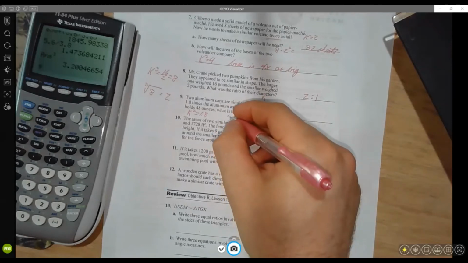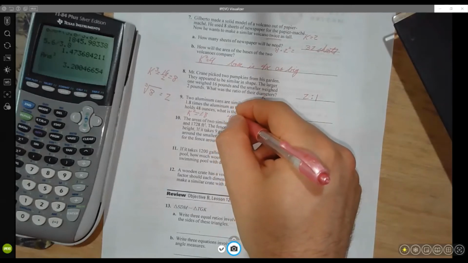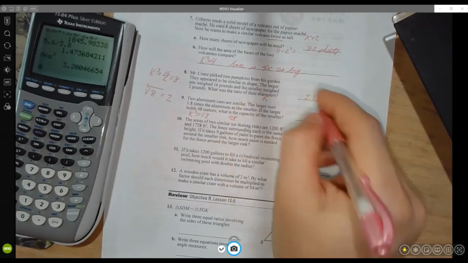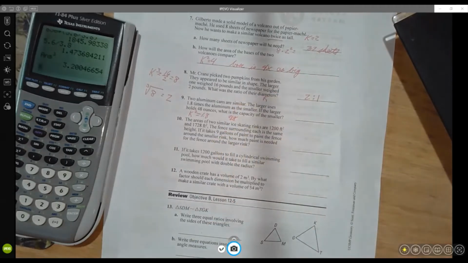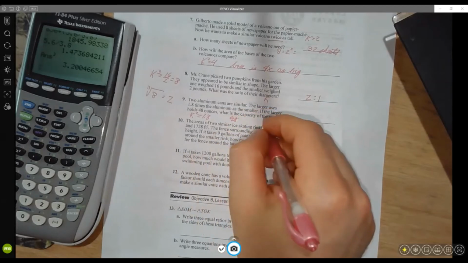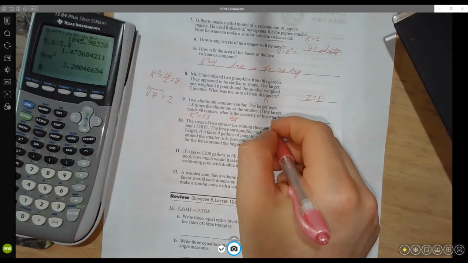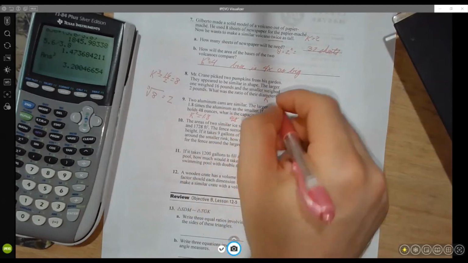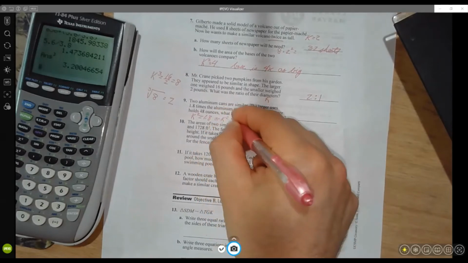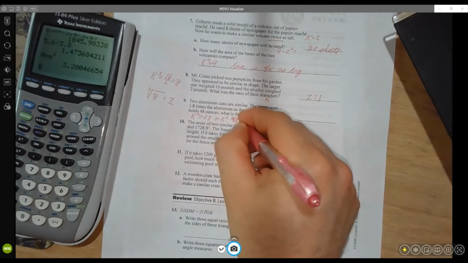So here's the difficulty. If we just took 48, capacity is volume. So this problem's really tricky. Because we're going from the larger can to the smaller, I'm going to write my K squared value as 1 over 1.8.